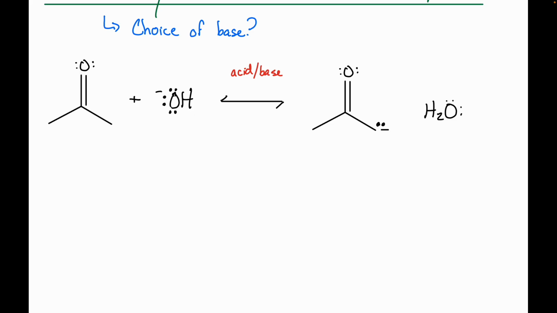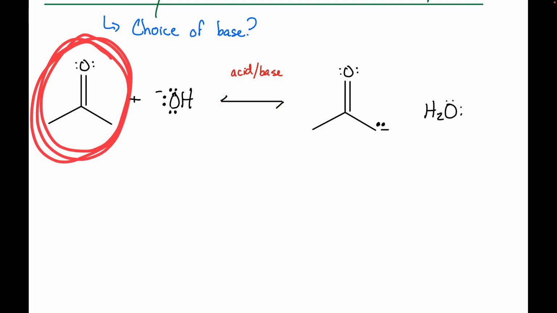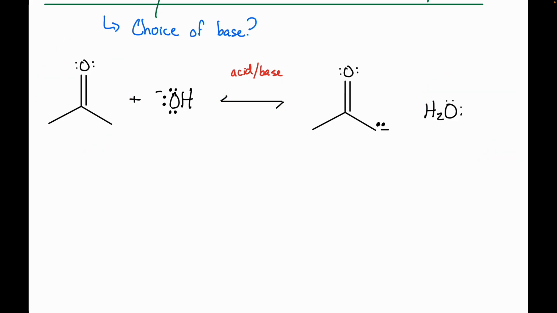All right, so all the way back in the first semester, we talked about how we could predict the direction of equilibrium in this reaction. Does it favor the products, or does it favor the reactants? By comparing the pKa of your acid to the pKa of your conjugate acid. So we looked at these earlier. We made a table here. The pKa of these ketones is around 20, and the pKa of water is around 16.